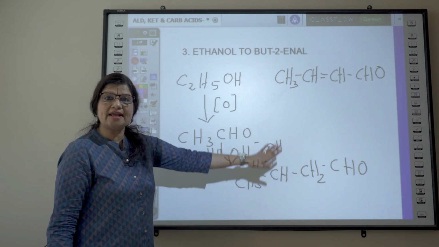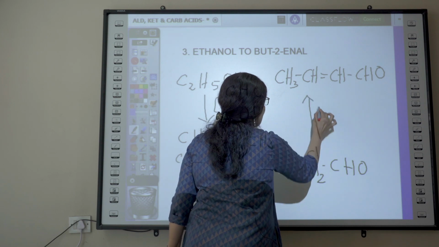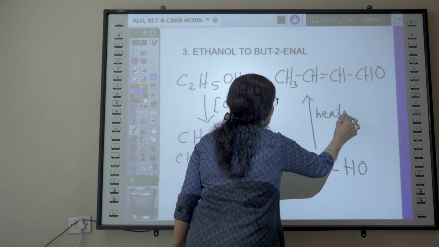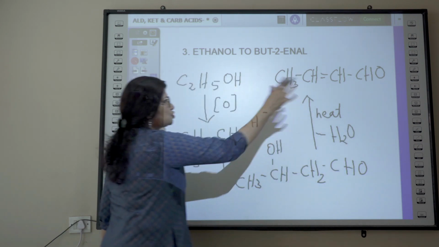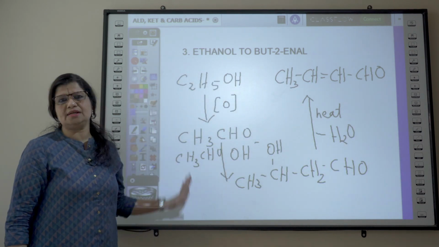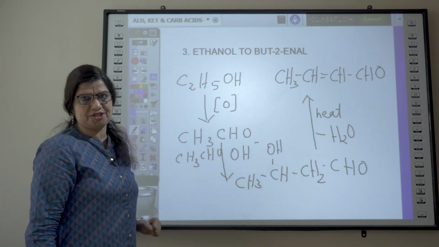You get the corresponding aldol. Now this aldol, when subjected to heating, loses a molecule of water to give you butenal, a typical illustration of self-aldol condensation reaction.